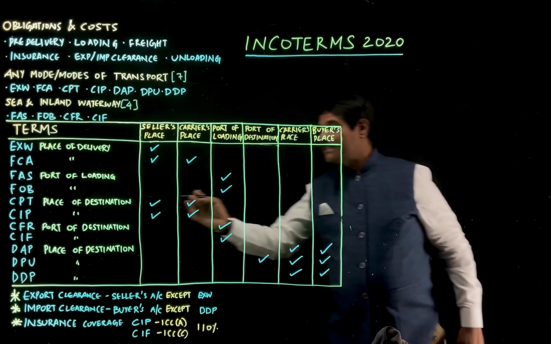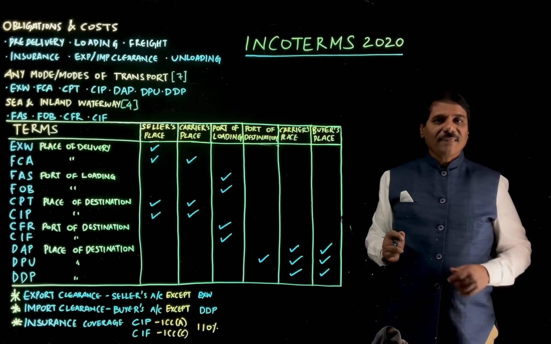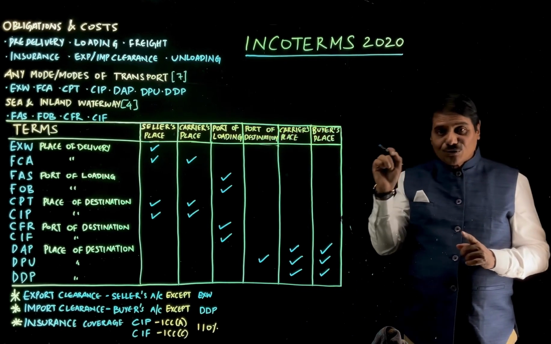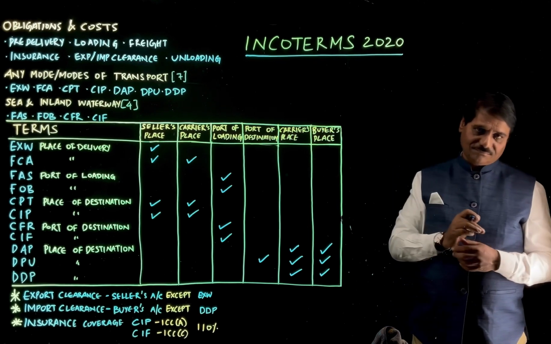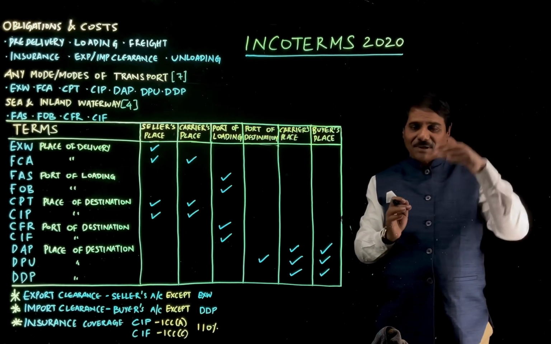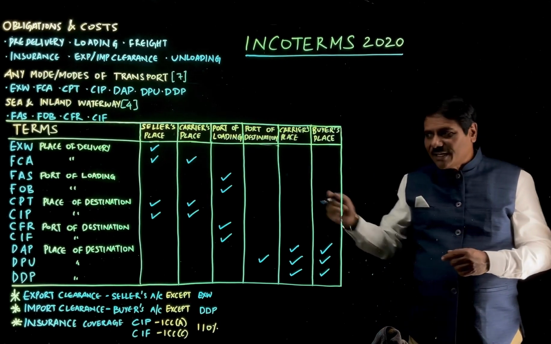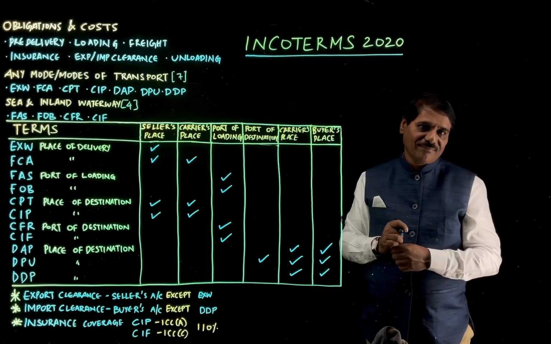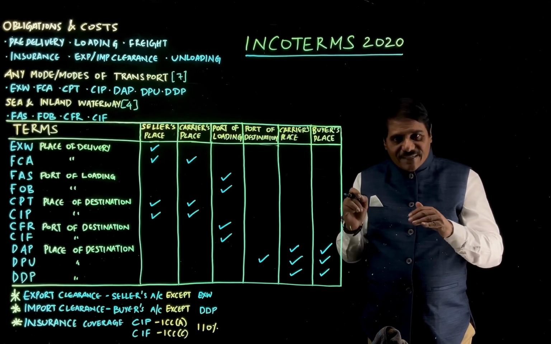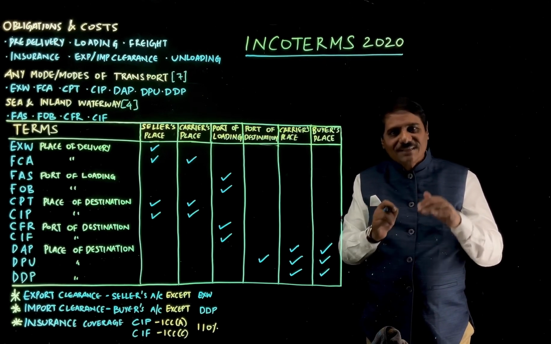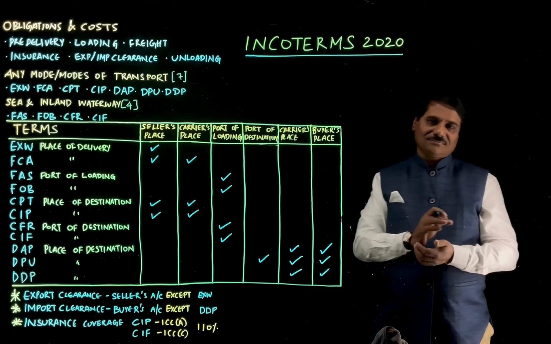Whereas for CIP, we said Institute Cargo Clauses A. That is the maximum cover, higher cover. Whereas in case of CIF, we said ICC C, Institute Cargo Clauses C, that is the lowest cover.